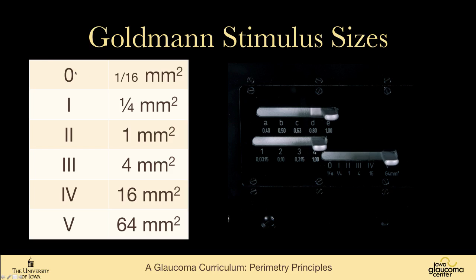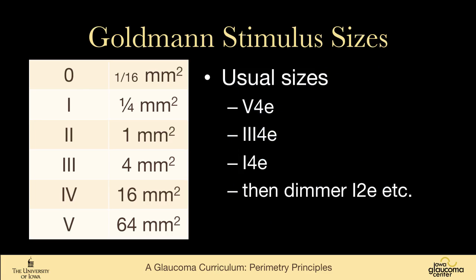And you can see that going from 0 to 5, every step is multiplied by 4. So all you really have to do is remember that size 2 is 1 square millimeter, and then multiply each of those by 4 to figure out what everything else is. I've never seen 0 used. We usually use 1, 3, and 5 at our institution, but obviously any of these are available.